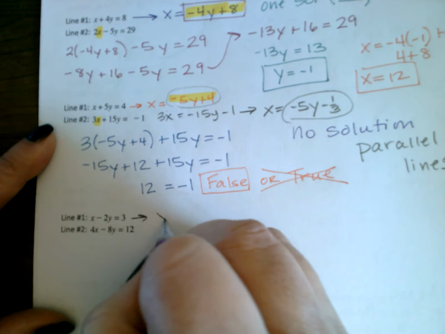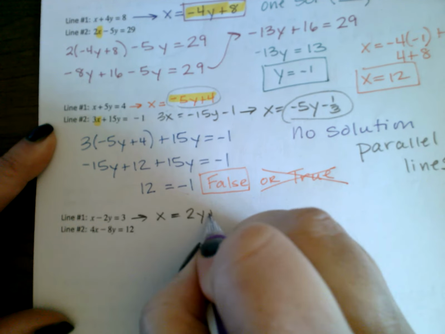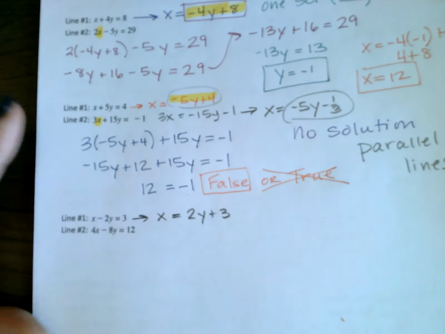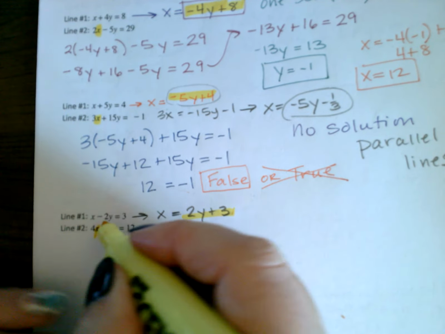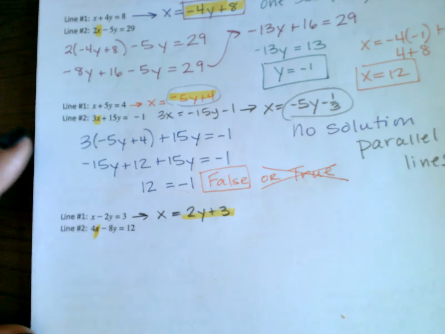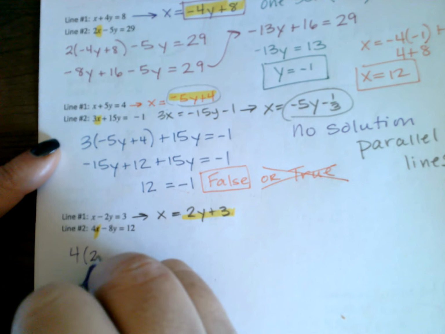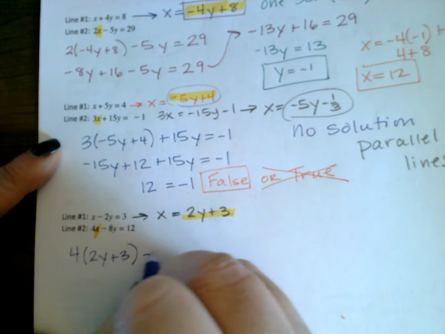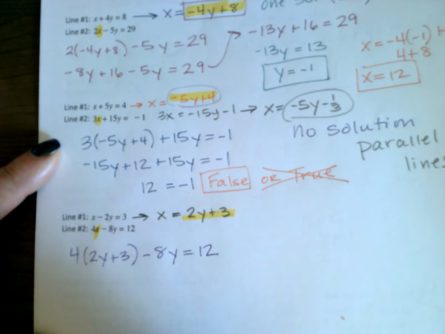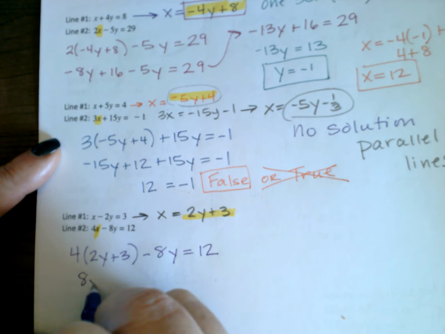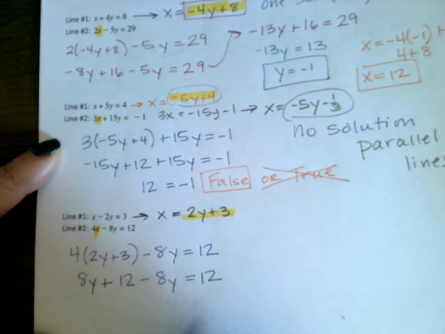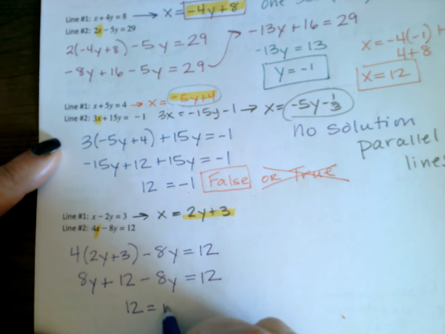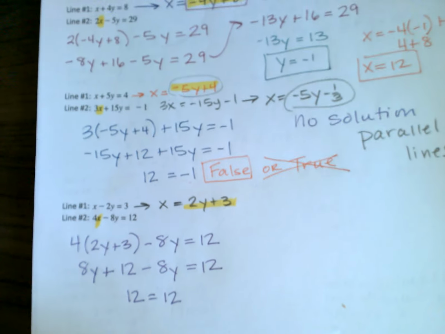For the last one, I'm going to, again, just set it equal to x. I will substitute all of that in for x. Distribute. Combine my like terms.